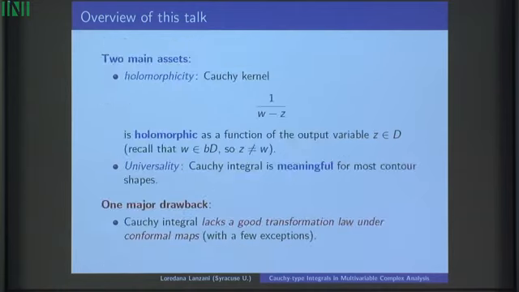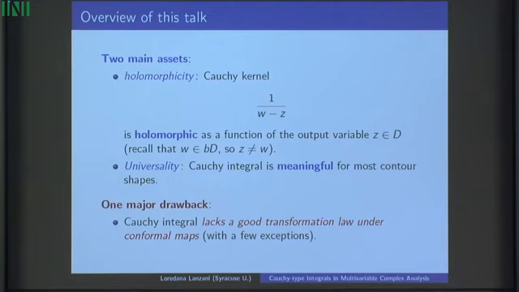Now, these two objects have two main assets from my perspective. First of all, the integration kernel, the Cauchy kernel, if you view it as a function of the output variable z in the domain, since w is the integration variable which takes place on the boundary of the domain, is a holomorphic function of z for each fixed w on the boundary.